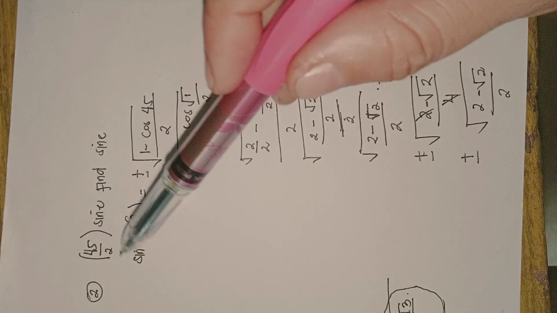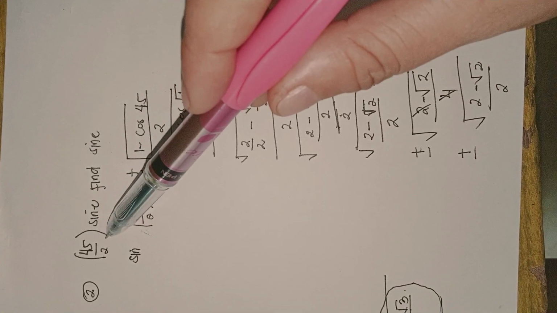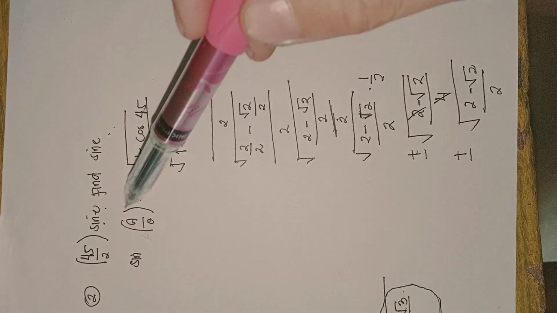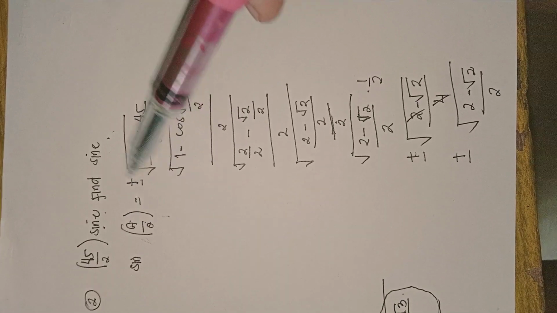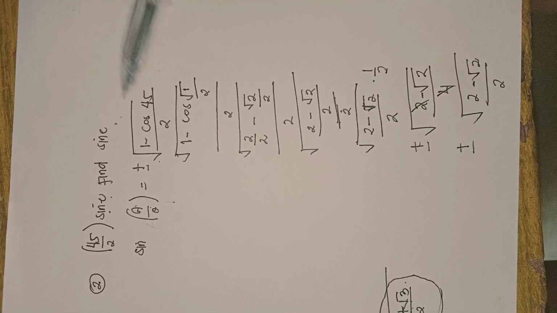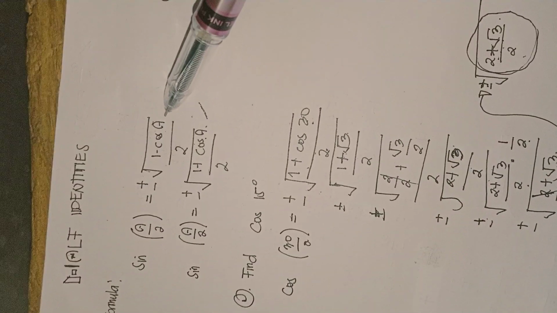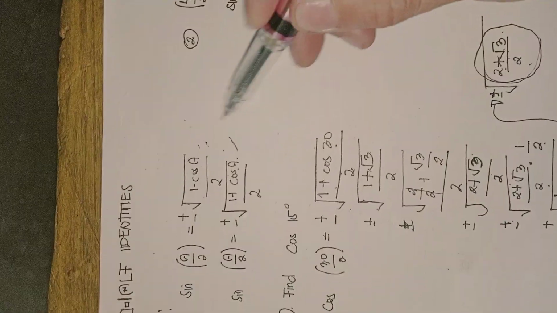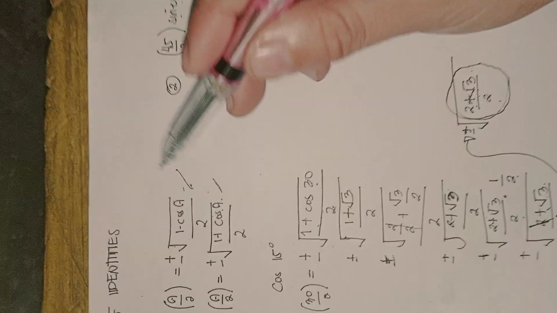Now, if we have the sine of 45 over 2, so find the sine of A over 2 is equal to positive negative square root of, so we use the formula number 1 here. We're going to use this formula.